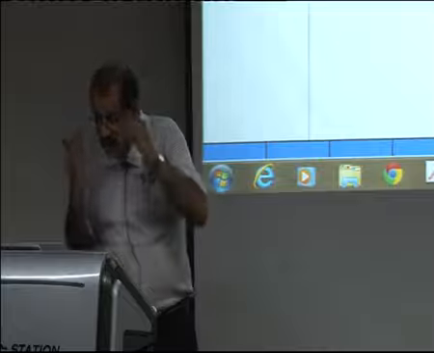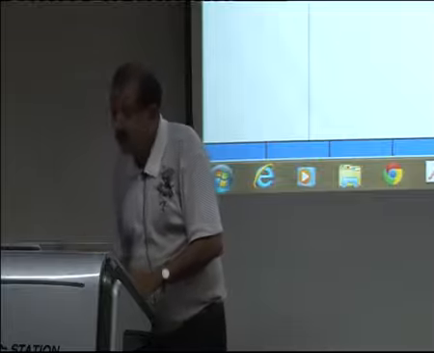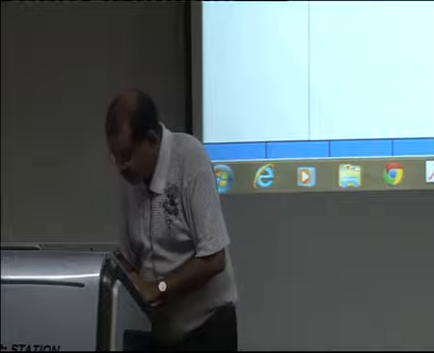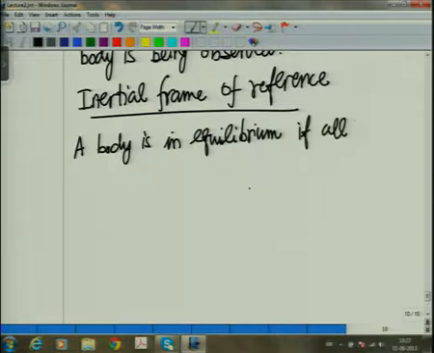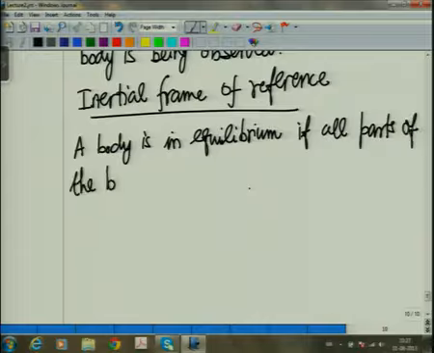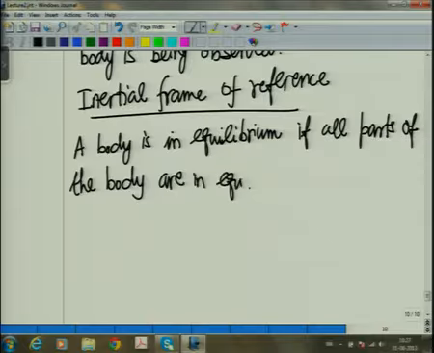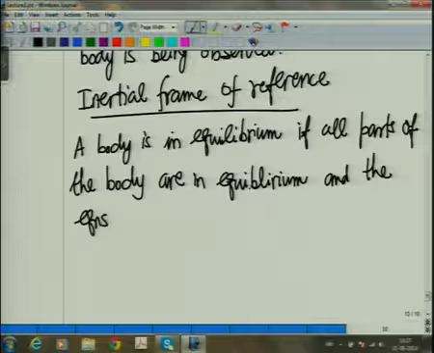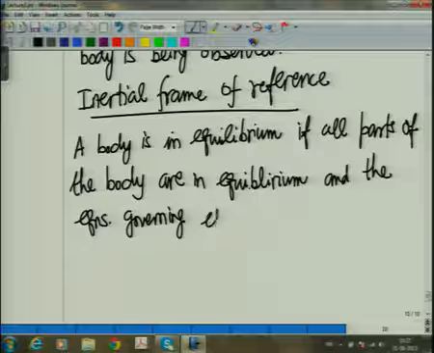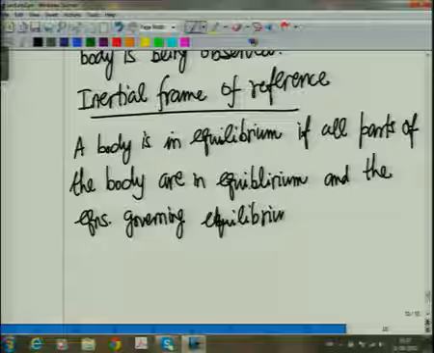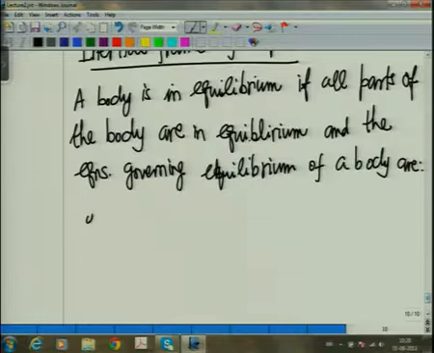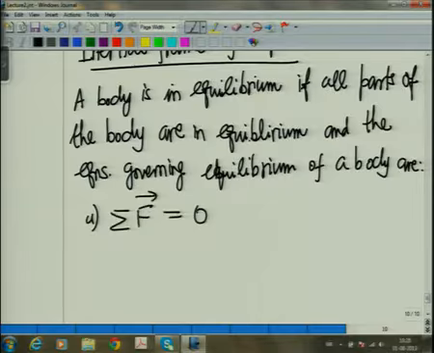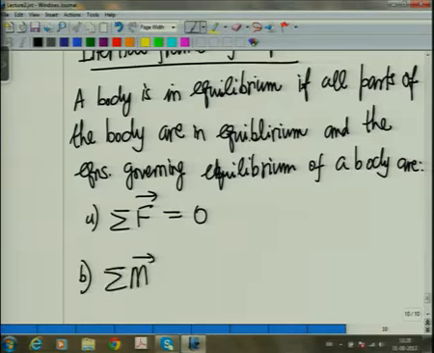Now, what we have is, and this I will state here without proving right now because we are not doing dynamics, that a body is in equilibrium if all parts of the body are in equilibrium, and the equations governing equilibrium of a body are, this is what some of you answered, A, sum of forces is equal to 0, and B, sum of moments.